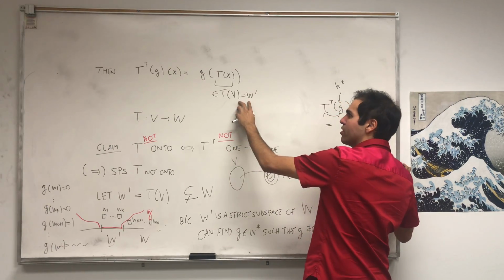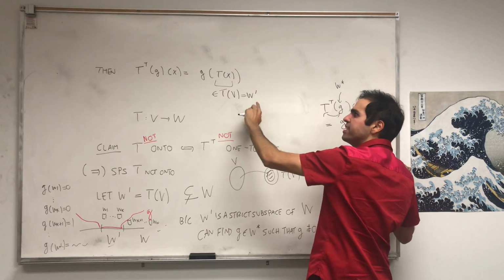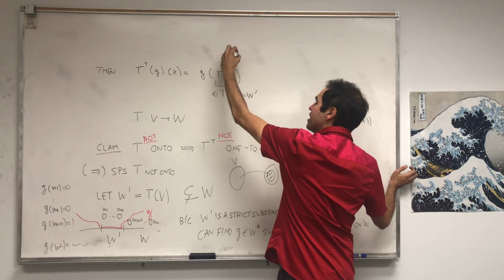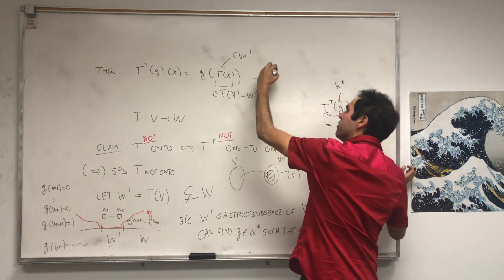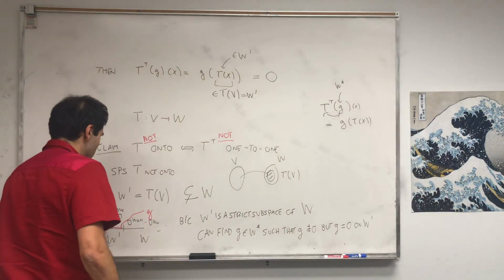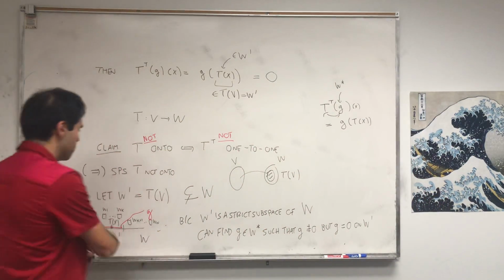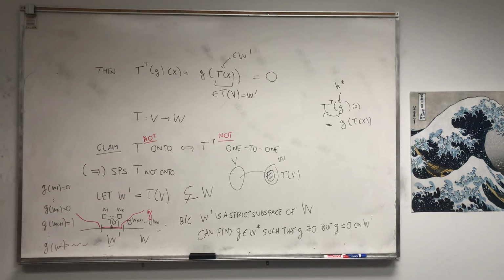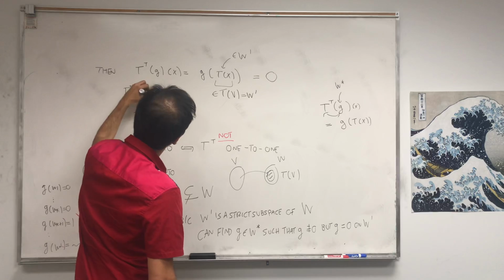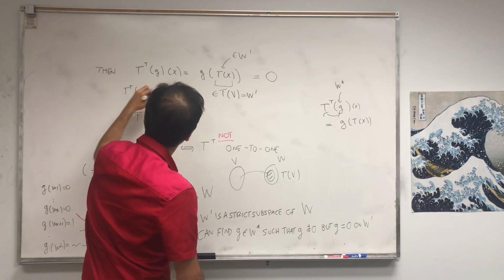So in particular, we know that G is 0 on W prime. So in particular, G of T of X is 0. You see, because T of X is just some vector here in W prime, and we know G is 0 there. So in particular, T transpose of G of X equals 0.